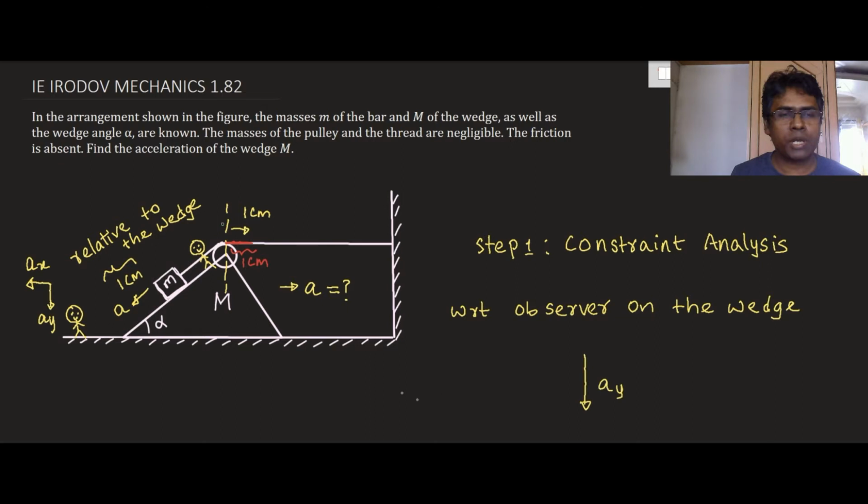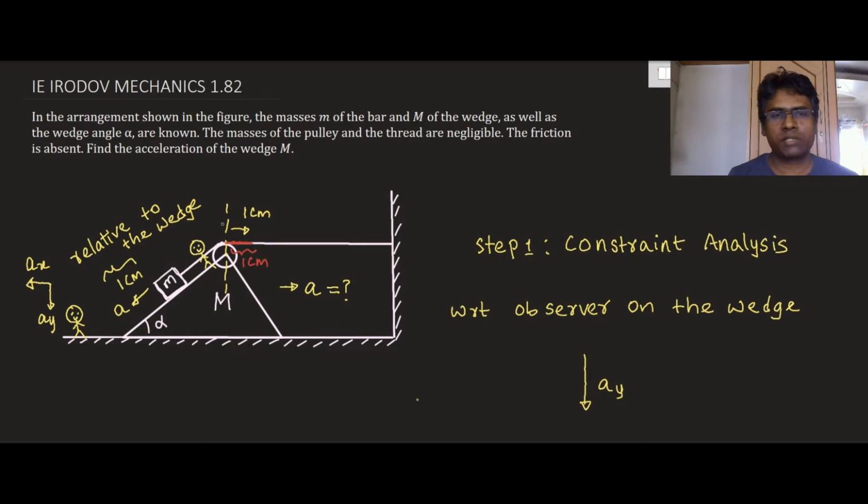But horizontally, he would say that the wedge is moving with acceleration a to the right with respect to the ground, and the block is moving with acceleration ax to the left, again with respect to the ground.